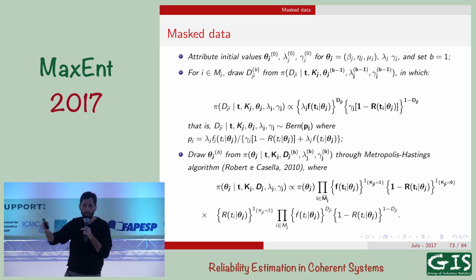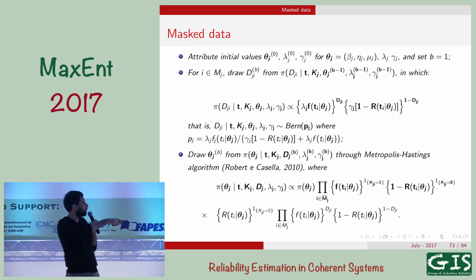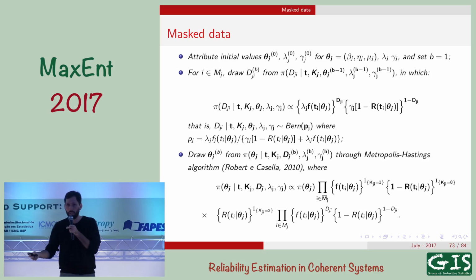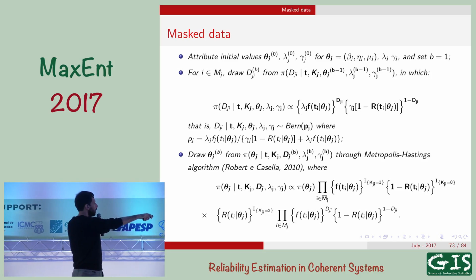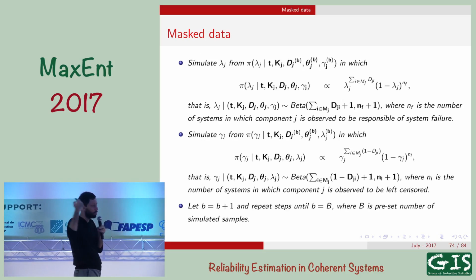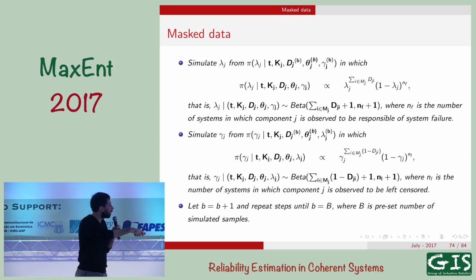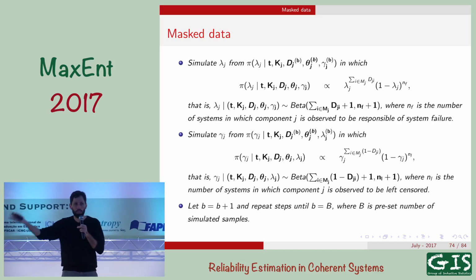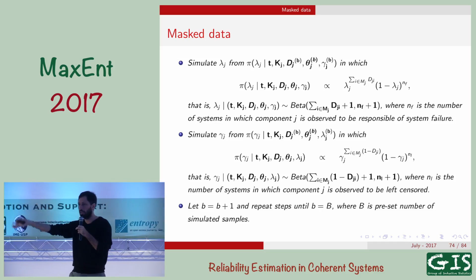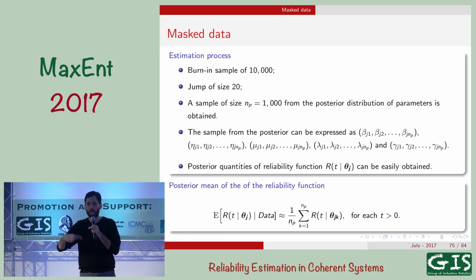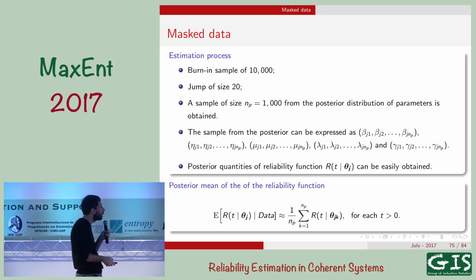We know this distribution, so it is easy to use a Gibbs sampler here. And for all the parameters, when I am given D, I can use the same idea as before. So we run this a lot of times, generating D, estimating the other parameters, generating D, generating parameters, and we go on this iteratively.